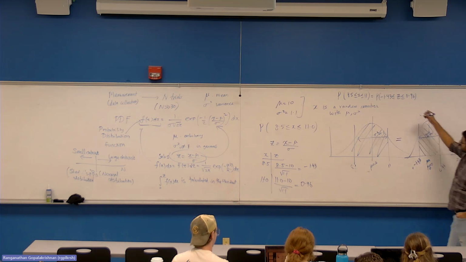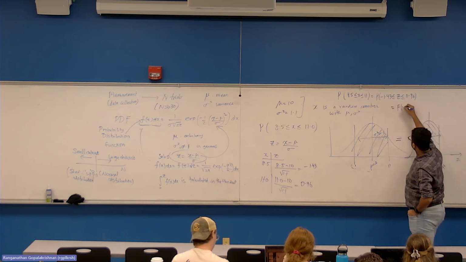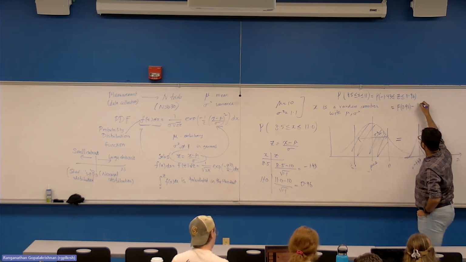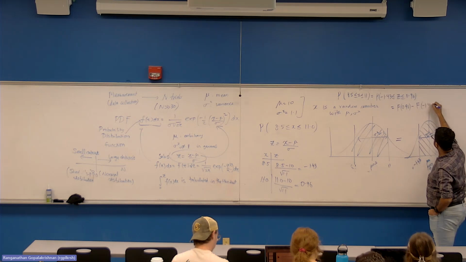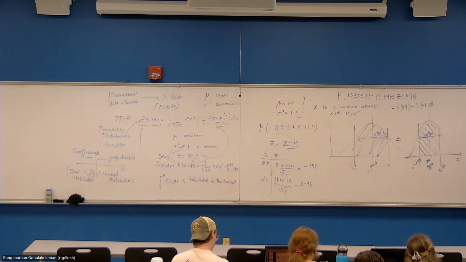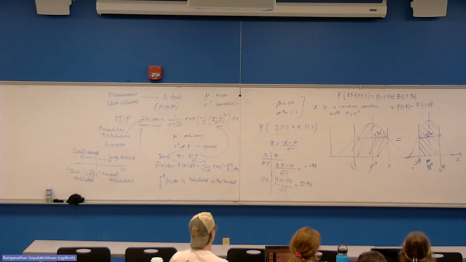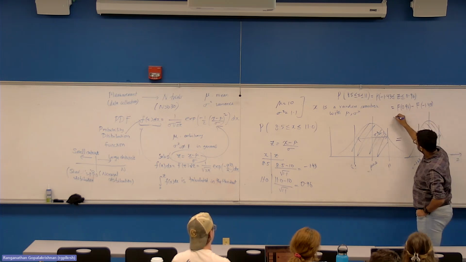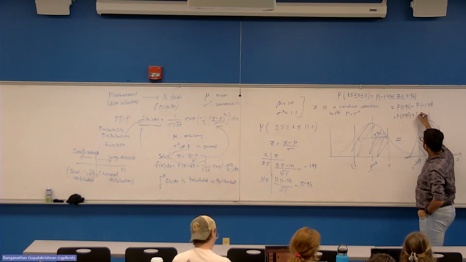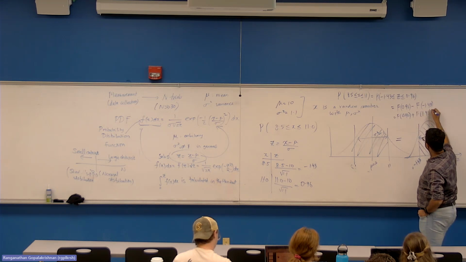This is F of 0.96 minus F of minus 1.43, which is nothing but F of 0.96 plus F of 1.43.